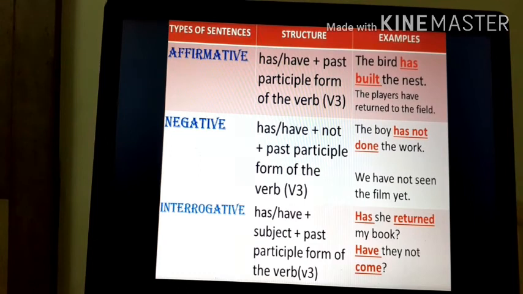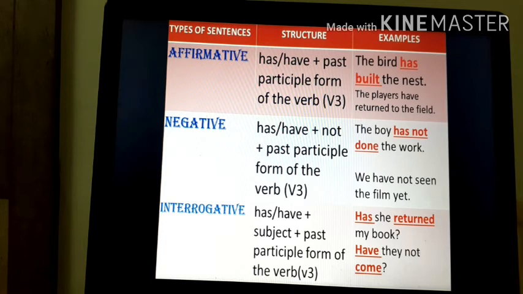So here go the types of sentences in the present perfect, and structures and some examples. In the affirmative, the structure for present perfect tense is has or have plus the past participle form of the verb, that is the third form of the verb. The bird has built the nest, has built. The players have returned to the field, have returned.